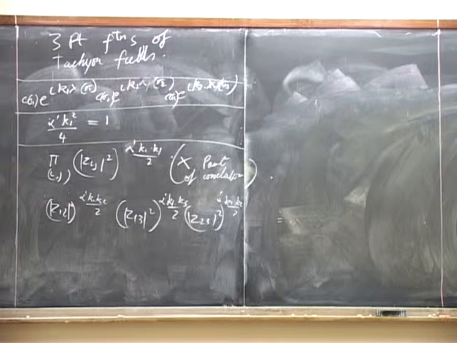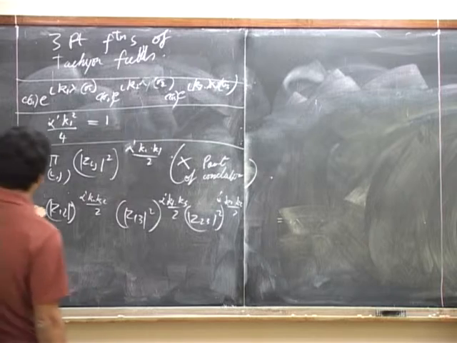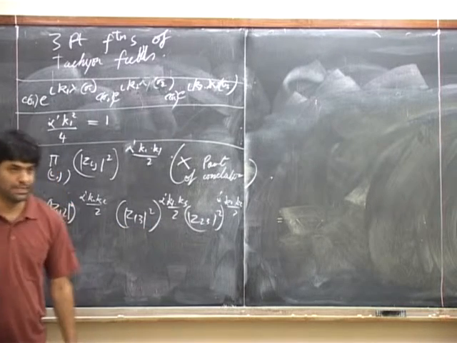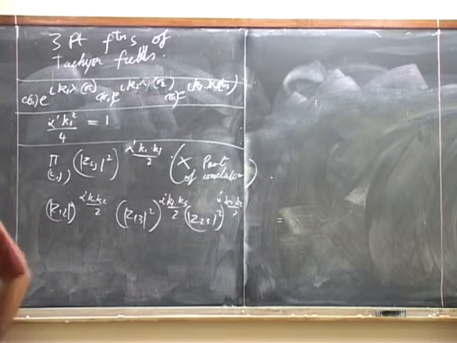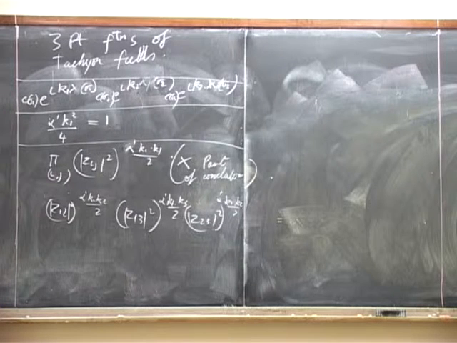Now you might think that this is a pretty complicated dependency because it depends on all these k1, k2, k3, and how the hell does it cancel? You remember that the answer should be independent of z1, z2 and z3. However, if you think about it a little more, this answer does not depend on k1, k2, k3.